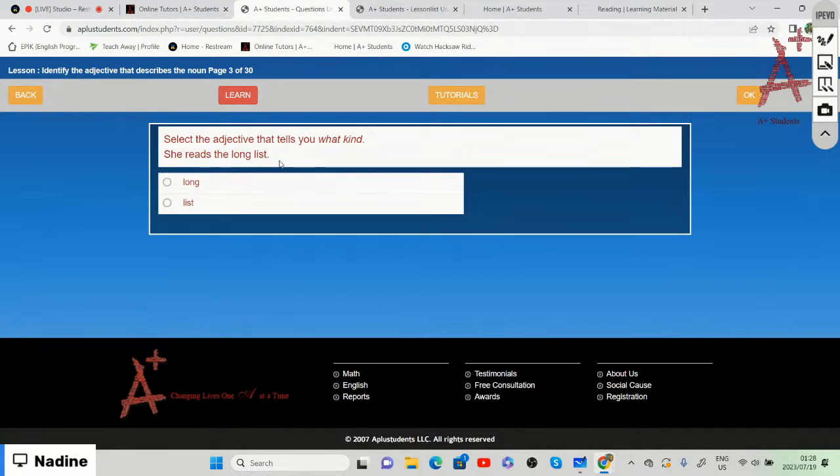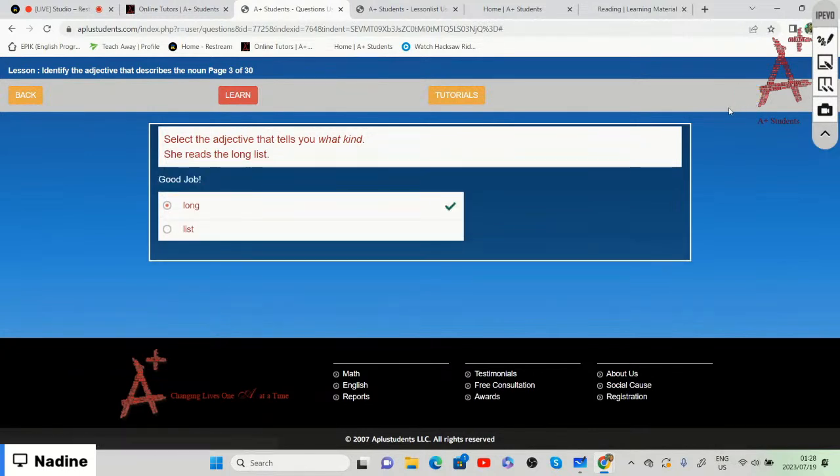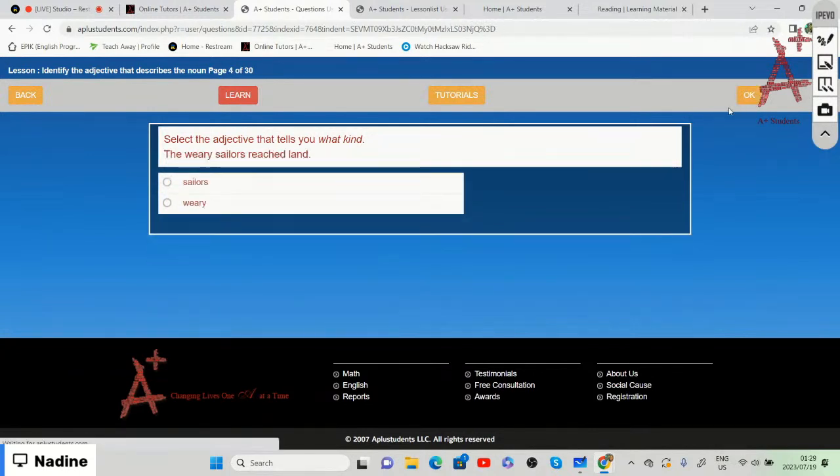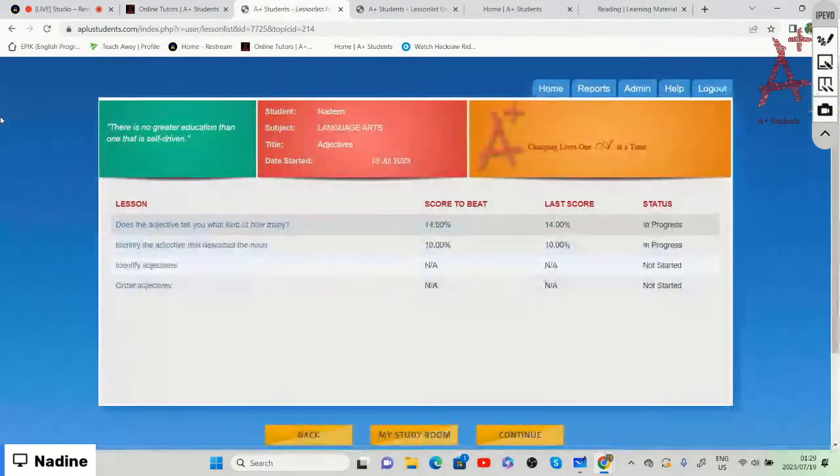All right, so within the sentence, the adjective that tells us what kind, we can choose long, which describes what kind of list, right? So the noun is list, and they're telling us that it is a long list.